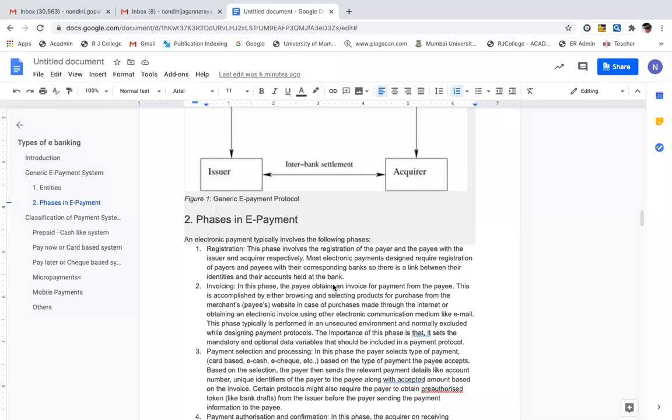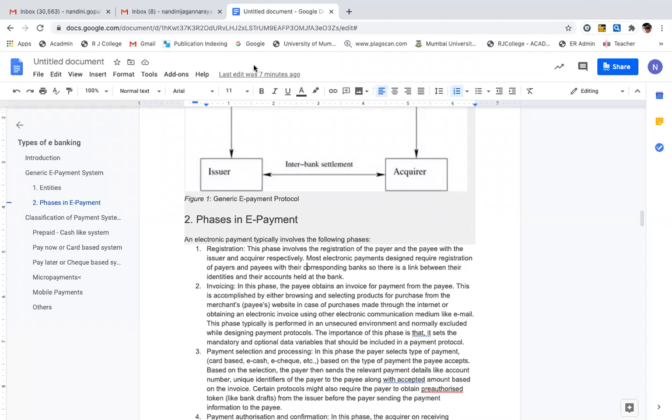What is a corresponding bank? Corresponding bank is bank-to-bank relationship. Whenever we use the term corresponding bank, when you talk about e-commerce channels like Amazon, just an example, Amazon has n number of customers, and each customer has an account with whatever banks, right? So there are obviously n number of banks involved here.